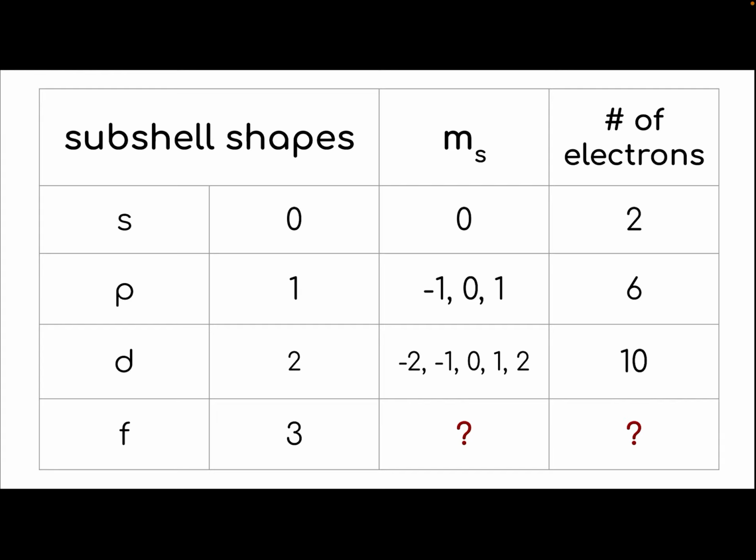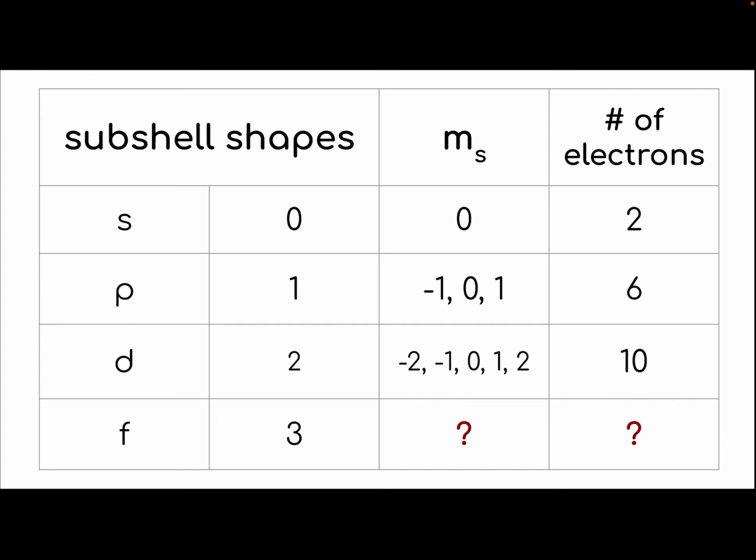Next, how about your P-shape? Your P is equivalent to 1. Then the magnetic numbers are negative 1, 0, and 1. Ilan values yon? So there are 3 values. Each orbital holds 2 electrons. So 3 times 2 is 6.